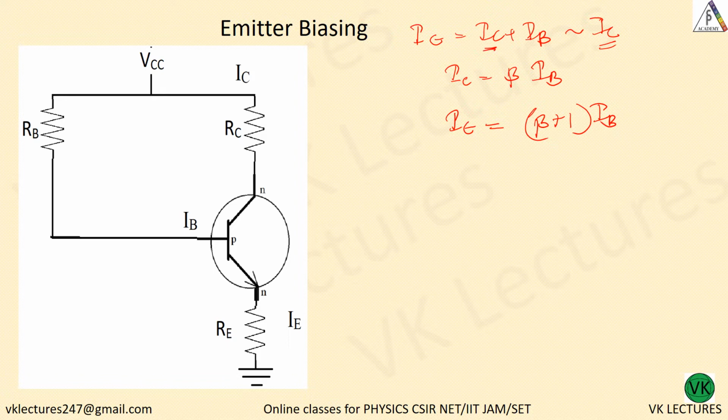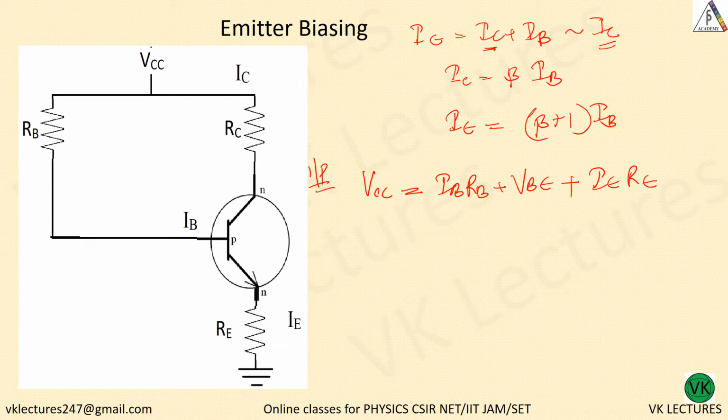Now, just applying the KVL to the input. Please listen carefully. VCC equal to IBRB plus VBE plus IERE.